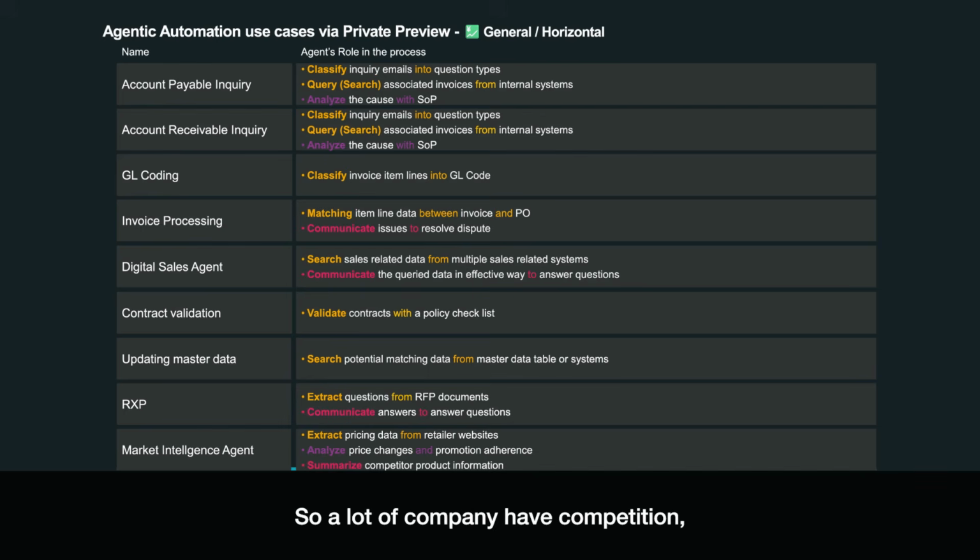So a lot of companies compete to sell their products, and the customer usually has an RFP, a request for proposal, and a lot of people work to make the response. The solution I'm working on right now is to create a tailored response to win the competition.